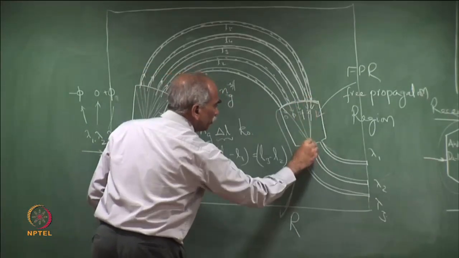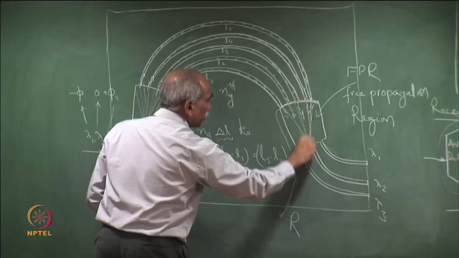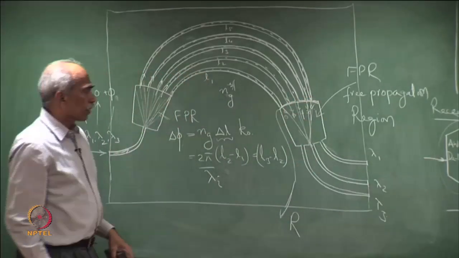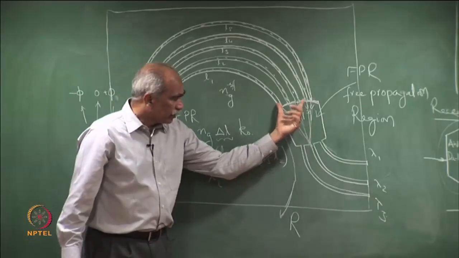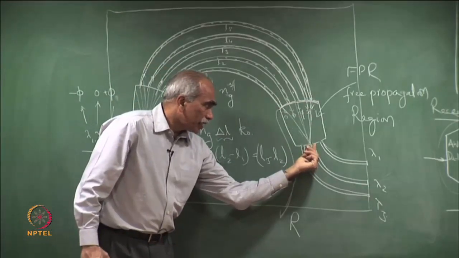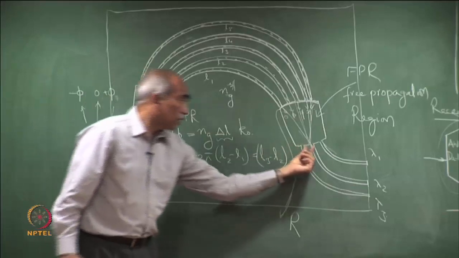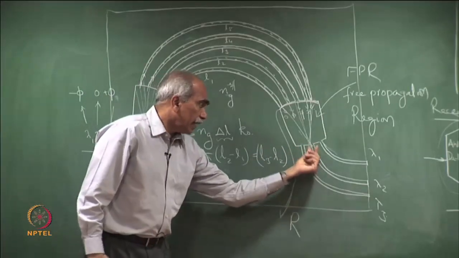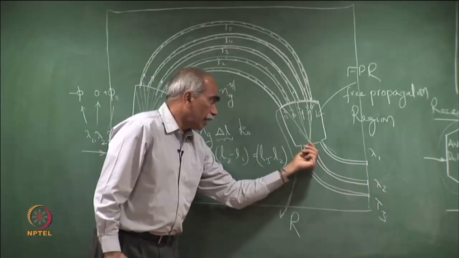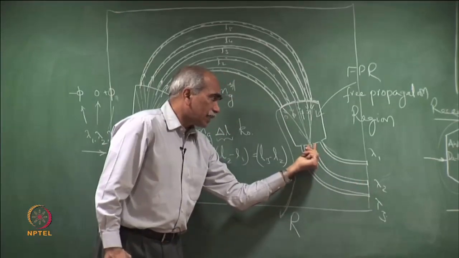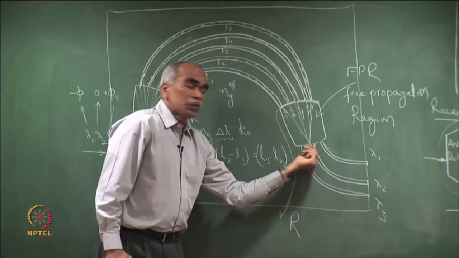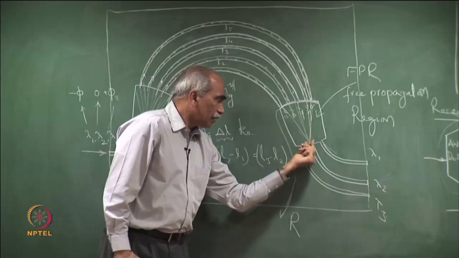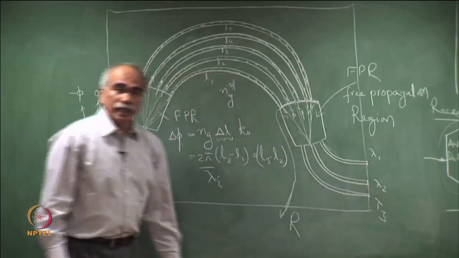All the light which is coming from here is in phase, and therefore, when they diffract, they focus at one particular wavelength, one particular spatial point, and this waveguide is located at that spatial point, which means that particular wavelength will come through this waveguide.